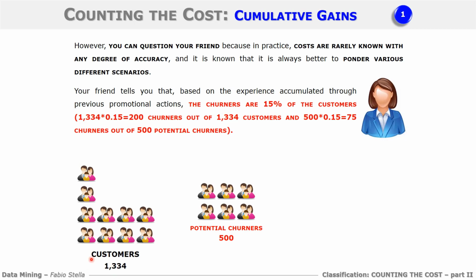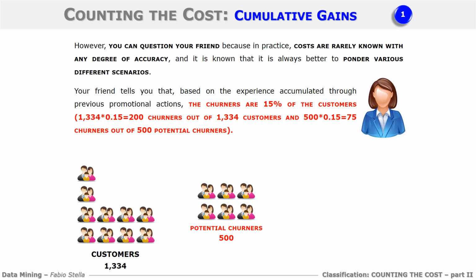So in our case, if we consider 1,334 customers, we will have 1,334 times 0.15, so 15%, which brings us to 200 churners out of 1,334 customers, while in the sample of potential churners, which consists of 500 customers, we expect that 500 times 0.15, so 75 churners, will be included out of the 500 potential churners.